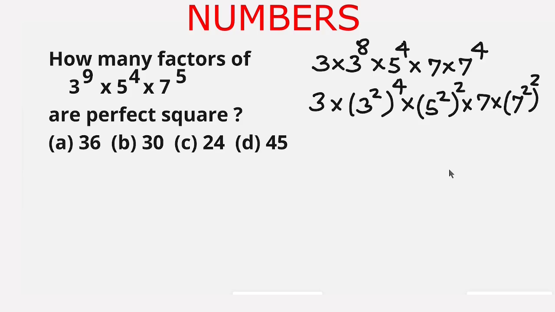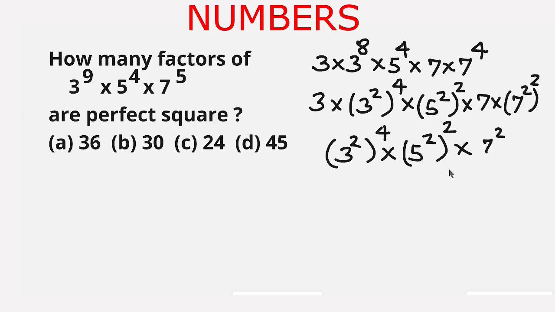Now we take out all square quantities which are 3 to the power 2 to the power 4 multiplied by 5 to the power 2 to the power 2 multiplied by 7 to the power 2 to the power 2. Now 3 to the power 2 is a perfect square, 5 to the power 2 is a perfect square and 7 to the power 2 is a perfect square.